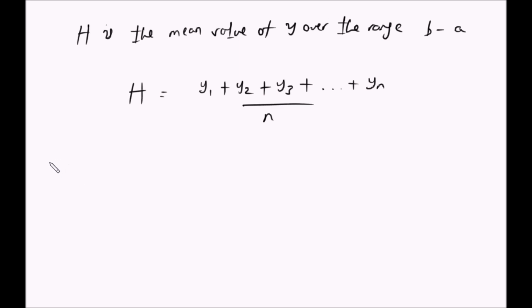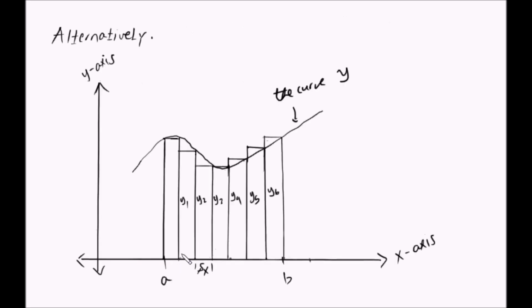So remember now, each rectangle has a width delta x. Wakati width kuanzia hapa, rectangle ya kwanza inapoanzia mpaka rectangle ya mwisho inapoishia ni b minus a.